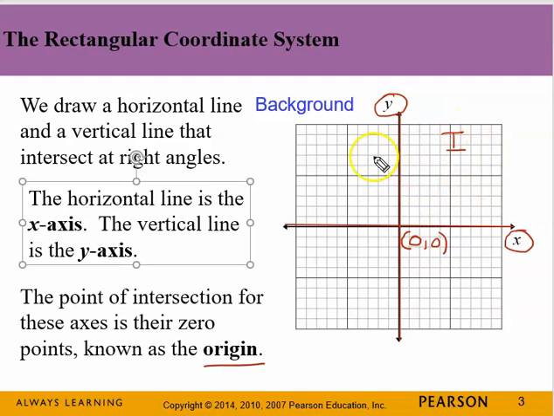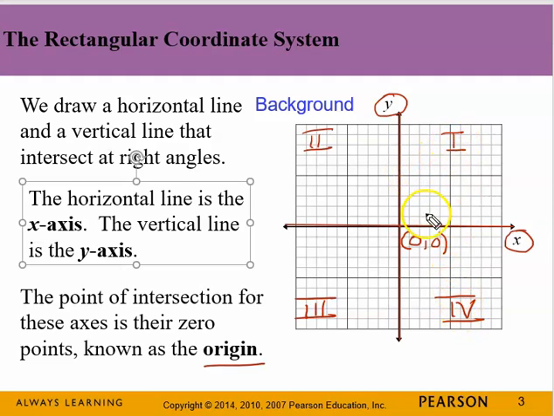This will be the first quadrant. 2, and we use Roman numerals for this, and you're writing this down. This is the second quadrant. This is the third quadrant, and Roman numeral 4 is a 1 slash before the V. This is 4.